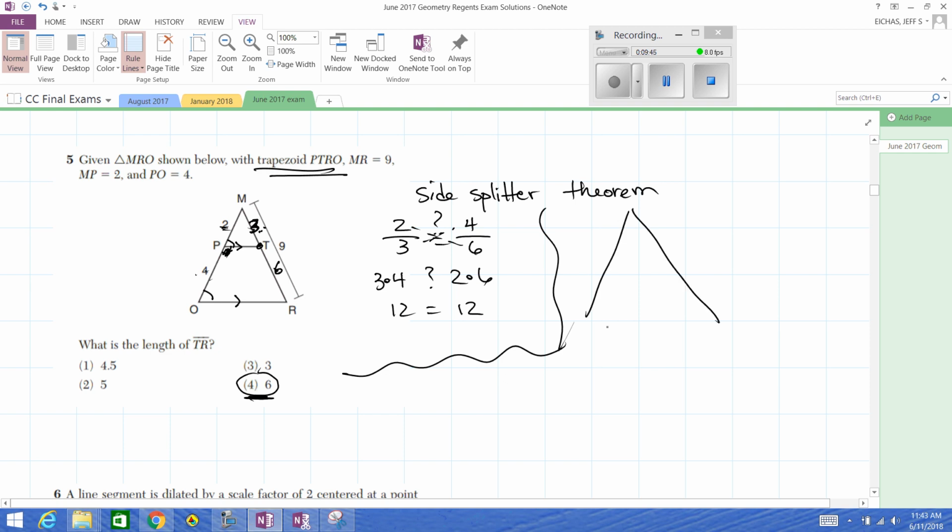Same concept. Since the whole thing is 9, and we don't know what this is, we could call it x, and then we could call this 9 minus x. Okay, 2 and 4. There's another way without using side splitter theorem as well. I know some of my students tried, but let's go this way. So 2 is to 9 minus x as 4 is to x. And then we can cross multiply.